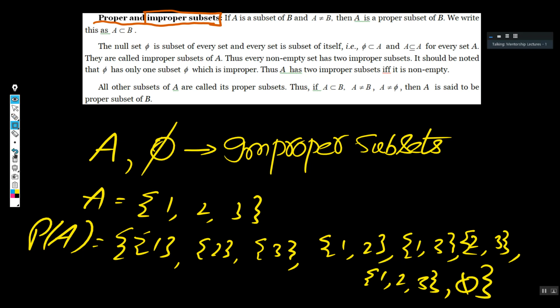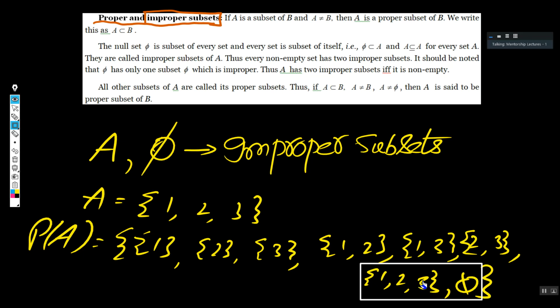Boys and girls, sir, means they are not equal, that's why they are called improper. So there are, just a moment, Rishikesh. There will always be two improper subsets for every set.